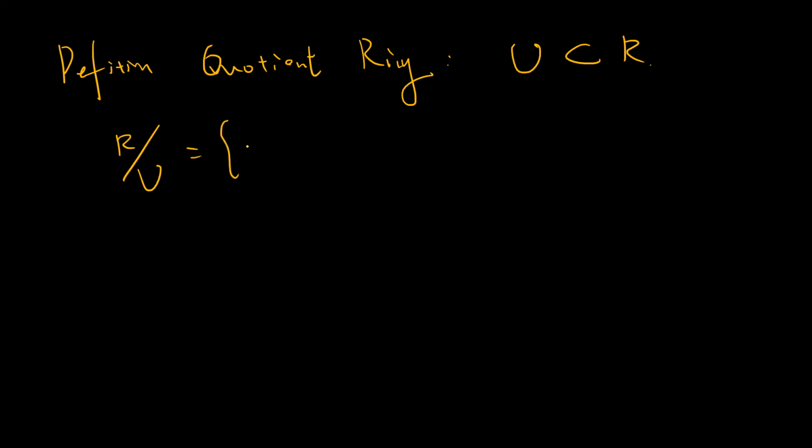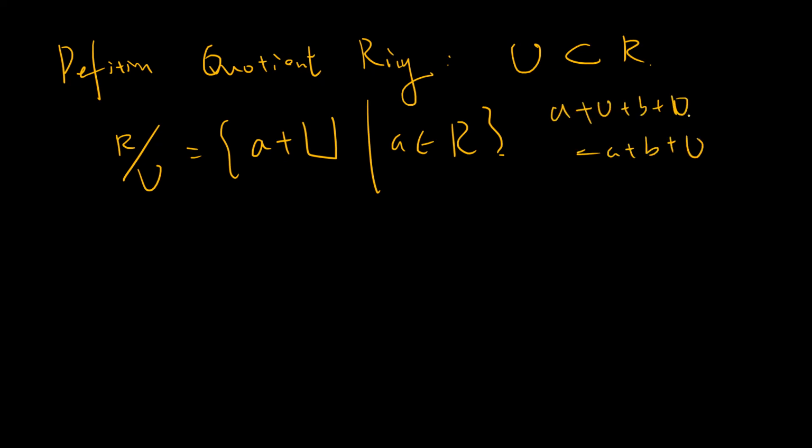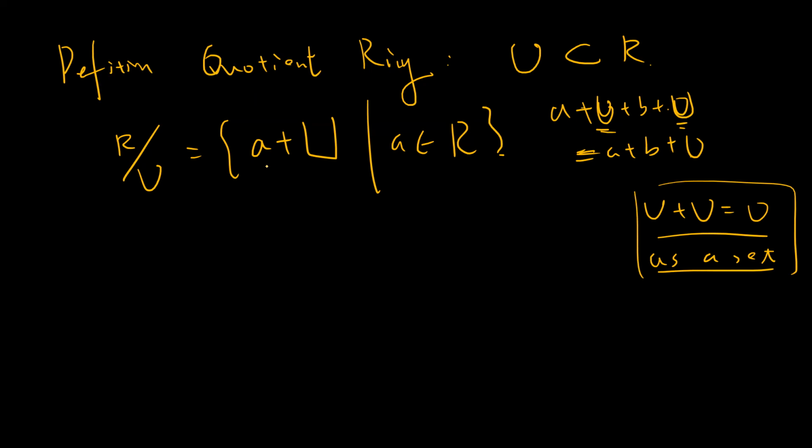Each element in R modulo U is written as a plus U, where a is in R. It is easy to check that this is an abelian group under addition, because U is an ideal and addition is abelian. U plus U is U as a set. The zero element is 0 plus U, and the inverse element is minus a plus U. So R modulo U under addition is an abelian group.